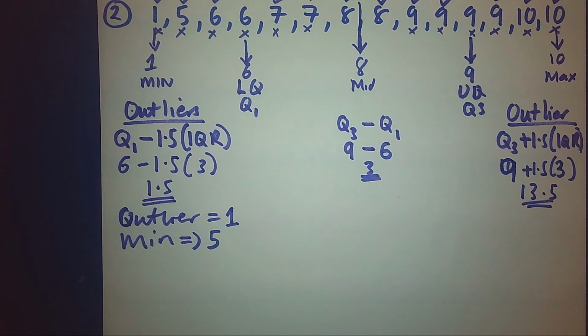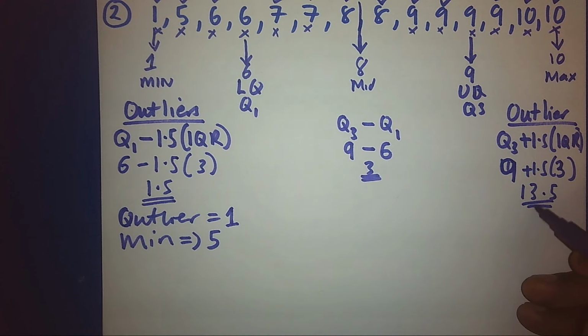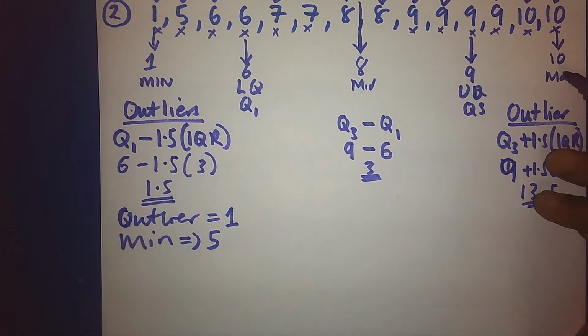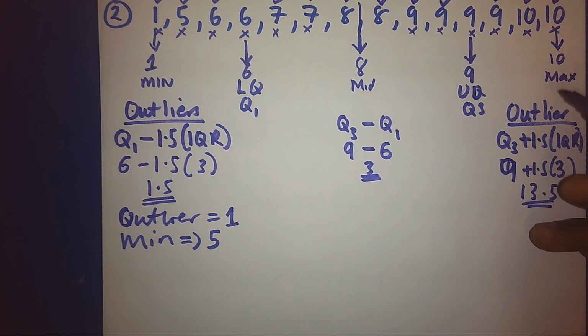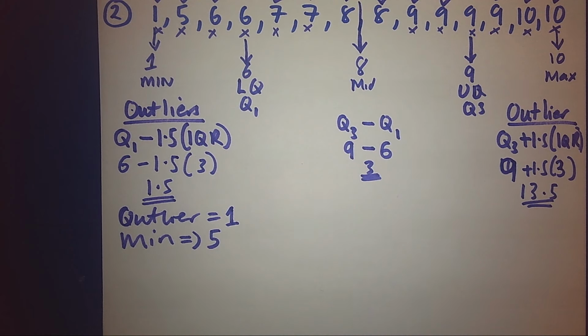So any value which is more than 13.5 will be an outlier on the maximum side. Fortunately, our maximum data is only 10, meaning we do not have an outlier on the top value. Our maximum will remain 10. So now we have found out that 1 is an outlier and our minimum value will be 5.